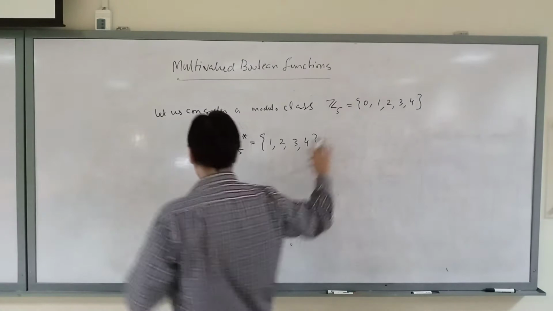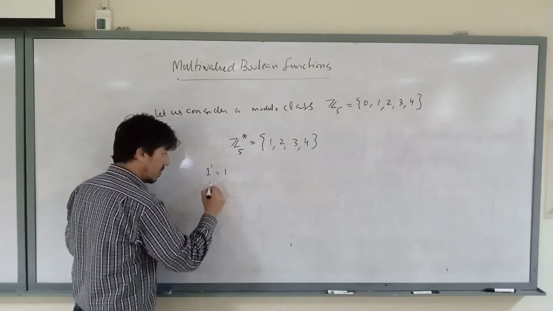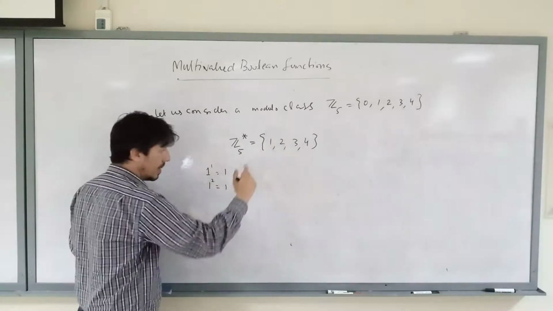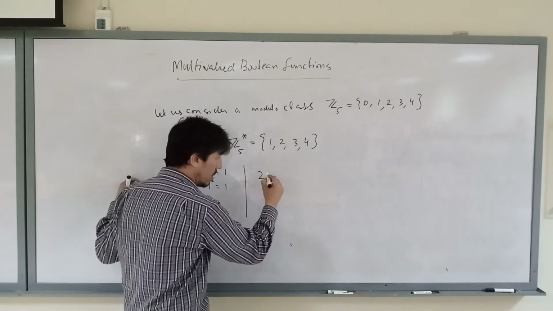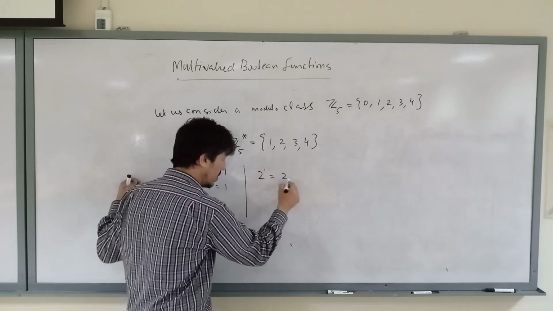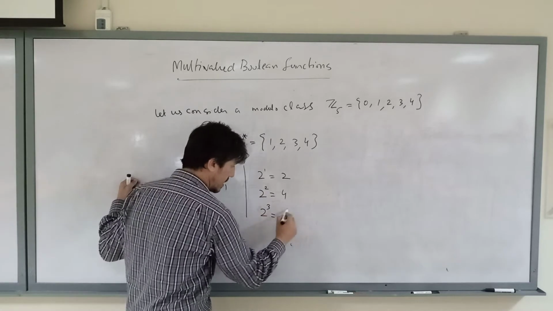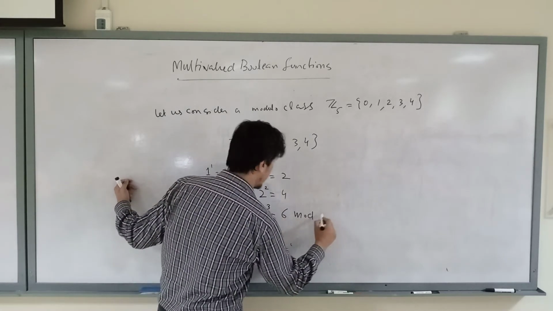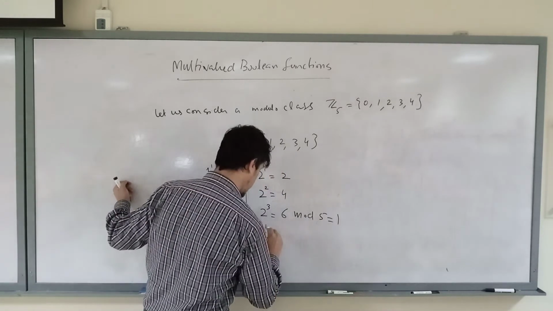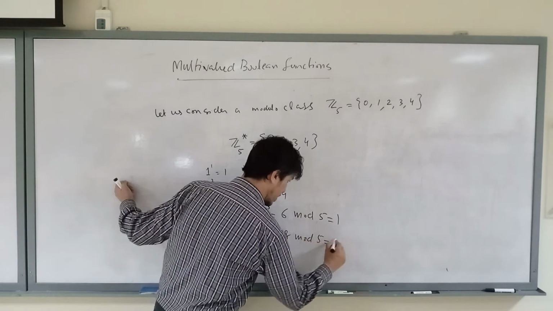If I take 1, then 1 to the power 2 is 1, so it does not generate all the elements. But if I take 2, 2 to the power 1 is 2, and 2 to the power 2 is 4, 2 to the power 3 is 8.